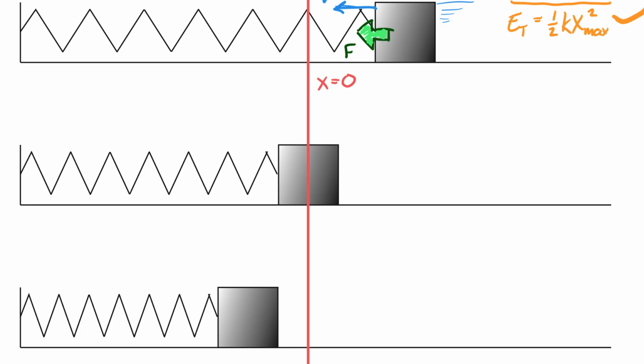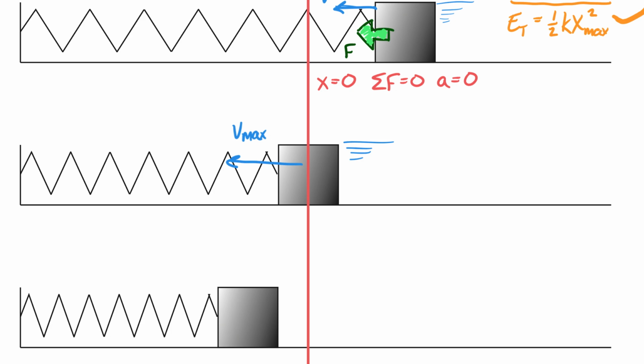Because x equals 0, that means the net force equals 0. That means the acceleration equals 0. But it's not at rest. It's moving. In fact, this is the moment when its velocity is at a maximum. It's going as fast as it's going to go as it passes through equilibrium.